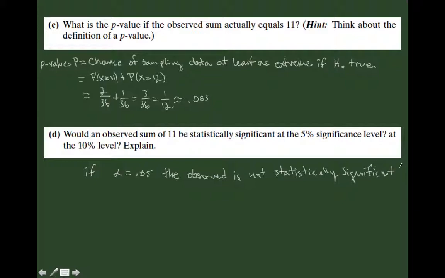So at alpha equal to 5%, we would say the observed value is not statistically significant. And the reason is because p is greater than alpha in that case. 0.083 is greater than 0.05.